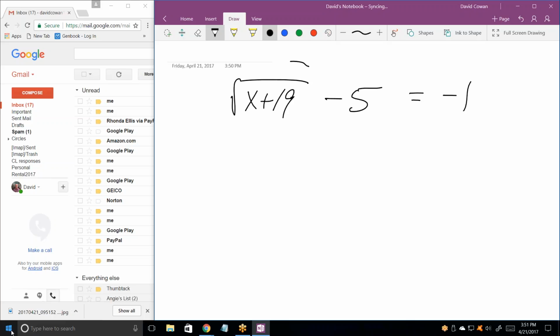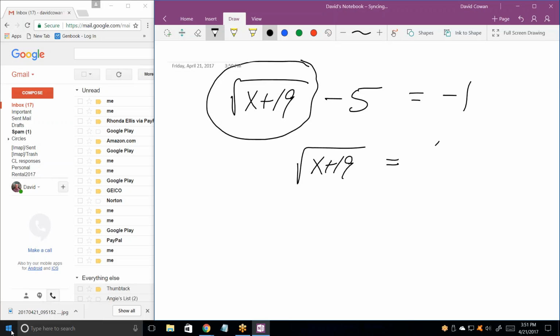Again, whenever you have a radical in an equation, you want to get it isolated with the intention that once we get it isolated, we're going to square both sides. Okay, well, to get it isolated, we got to get rid of this minus 5. So we get this. X plus 19 equals -4.